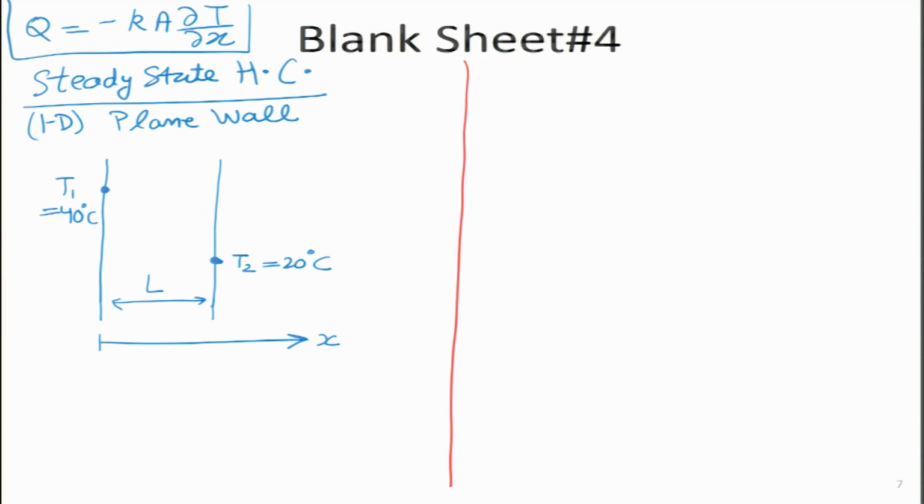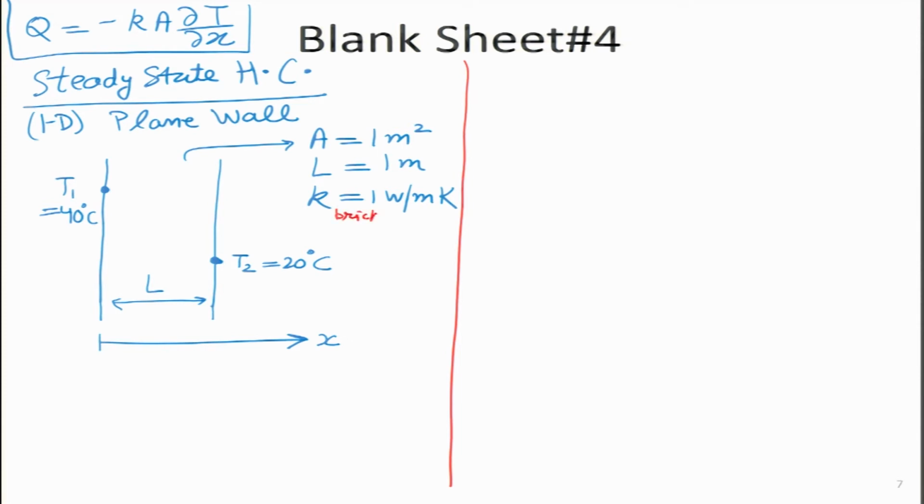I am just going to assume that the cross sectional area A is 1 meter square. The thickness of the wall L is also 1 meter, and for the time being, whatever material is inside, its thermal conductivity I am going to assume as 1 watt per meter Kelvin, which is actually a very good approximation for brick.